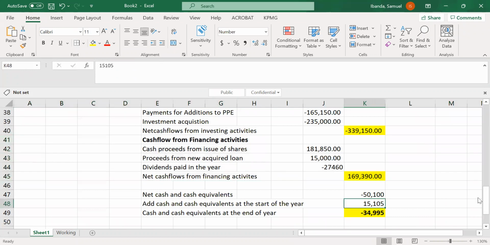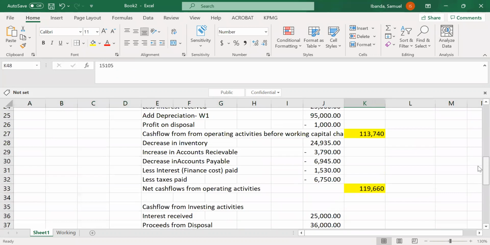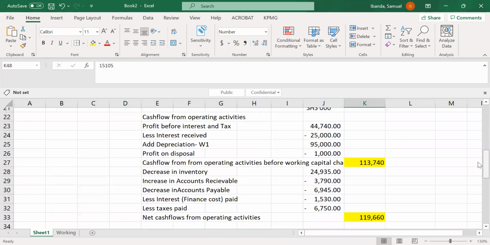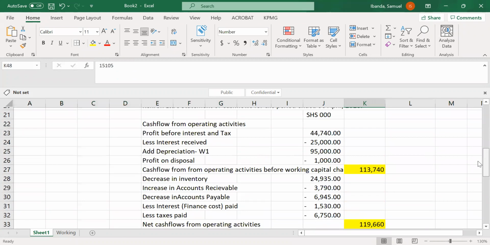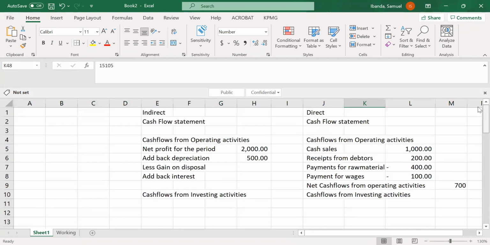So I believe that you've been able to get something from how to prepare a cash flow statement. And even if it's a direct method, you remember what I said: with the direct method, you put items as they are. They'll give you the cash sales, receipts from debtors, payments for raw materials, payment for wages directly without having to look for them.